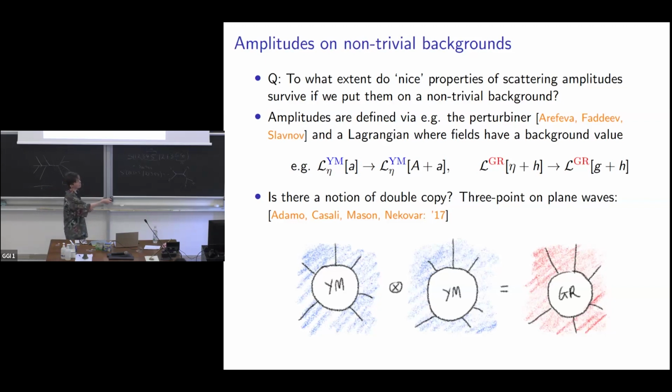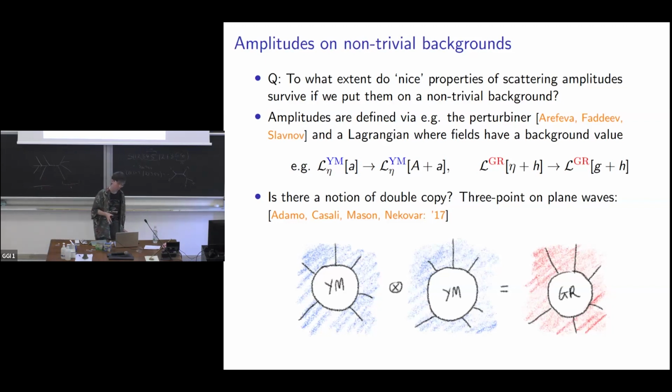There are many different configurations that you can consider. It's not quite clear whether we should look at Yang-Mills on a gravitational background, Yang-Mills on a colored background, or some combination of this. So I'm still not quite sure exactly how it could work. But I'll be considering some Yang-Mills amplitudes on a Yang-Mills background, to see if they double copy into something on a gravitational background.